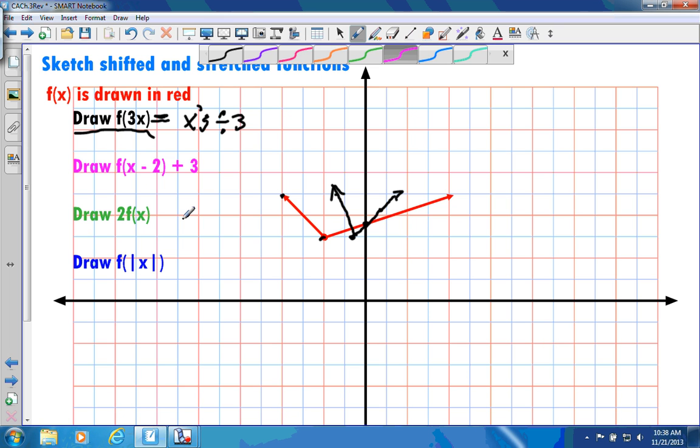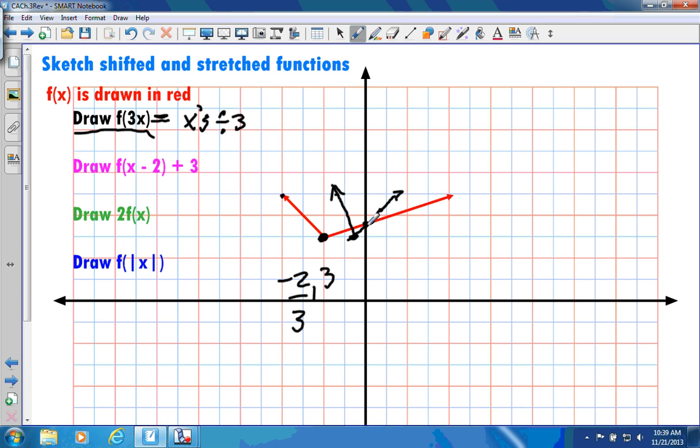Which numbers? The ones for the black? Okay, so, because you know this coordinate right here is a negative 2, comma 3. Here we're saying that all the x's have to be divided by 3. So we'll take a negative 2 and divide it by 3, and that becomes a negative 2/3, and the 3 stays the same. This coordinate right here is 0, comma 3 point something.